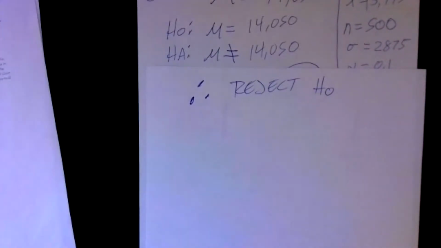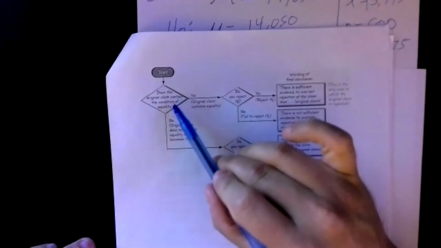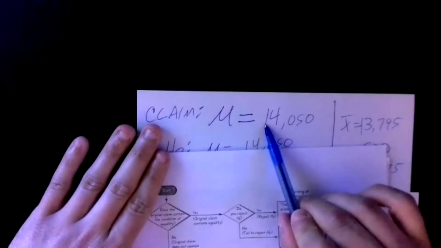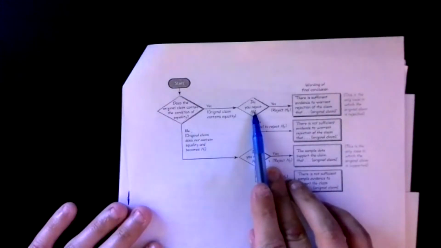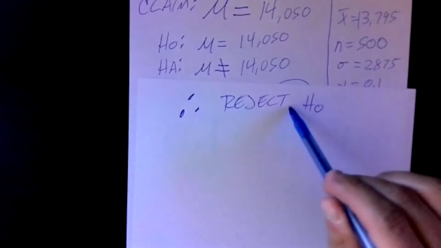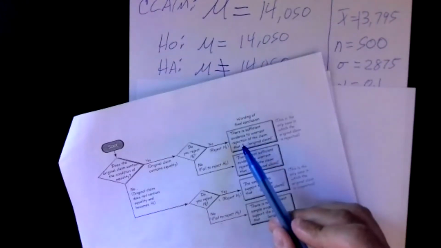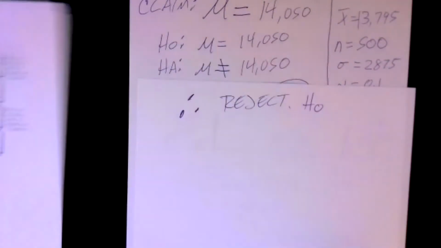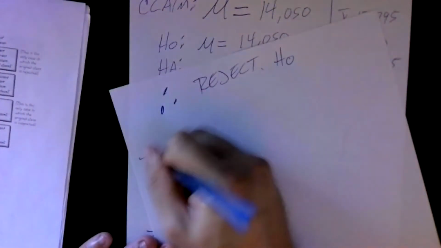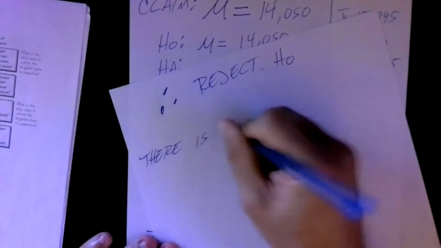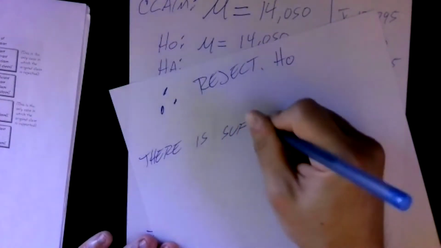To write the conclusion, we'll go to our hypothesis testing diagram. Does the original claim contain equality? In this case, yes, it does. So we go to the right. Do you reject the null hypothesis? Yes, we did. There is sufficient evidence to warrant rejection of the claim.